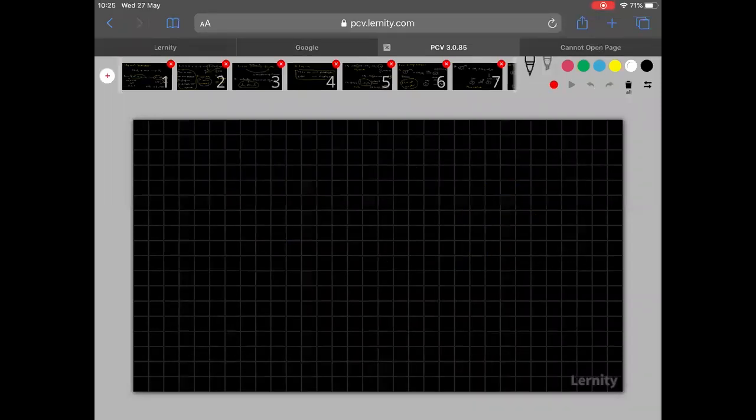Okay, so here let me put the heading: general mechanism of nucleophilic addition.